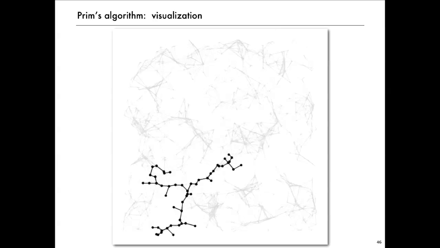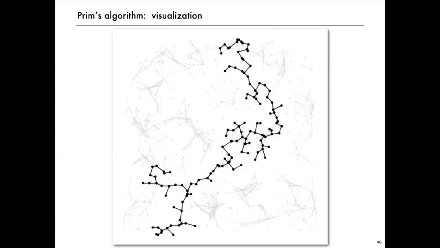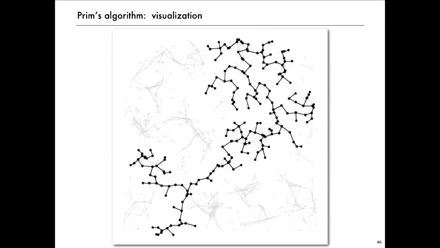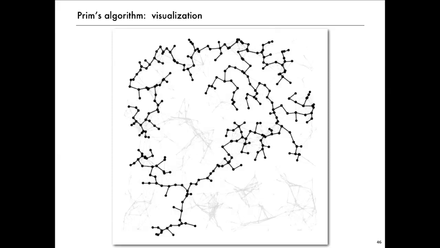Now let's look at Prim's algorithm running on the same huge graph that we ran for Kruskal's. This also is a fascinating dynamic process. Usually the new edge is close to the last edge added, but every once in a while it gets stuck and so jumps to a new place to add edges to the MST. This algorithm's a little bit easier to follow, but it's a very interesting dynamic process.